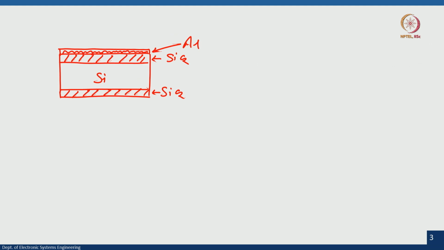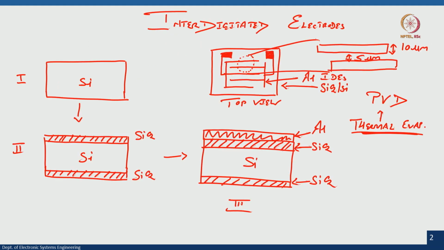So, if you go back and if I draw the cross section of this one, how will it look? Okay. It will look like this.